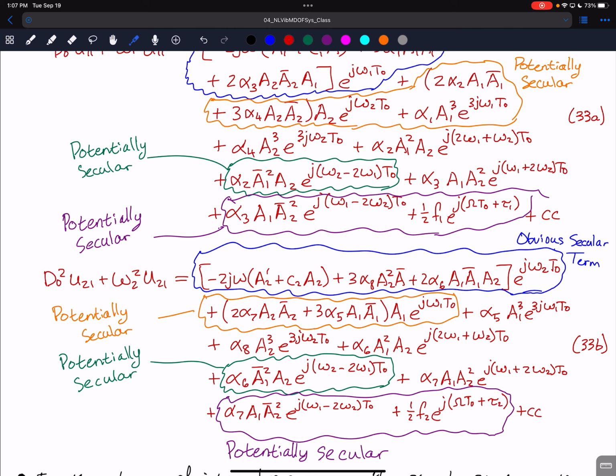The green term specifically, but it applies elsewhere. If we have this relationship omega 2 minus 2 omega 1, I'm talking about the 3b, where we have omega 2 minus 2 omega 1. How in this case could we get an omega 2?